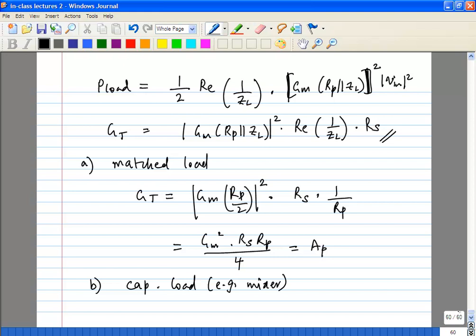It's actually 0, because the input of the next stage, if it's a MOSFET, is purely capacitive, or almost purely capacitive. You will have some kind of gate resistance, which we usually try to minimize anyway. So it's going to be extremely small, which means in such a case, your transducer gain would tend to 0. Okay?